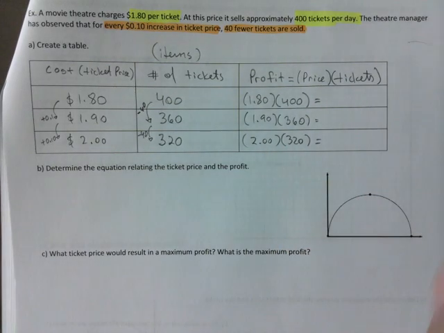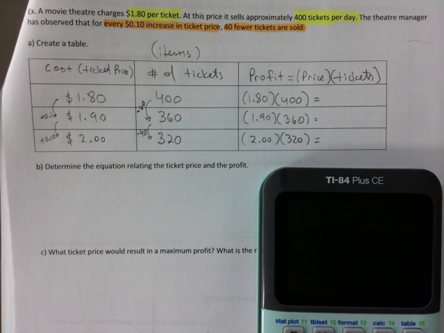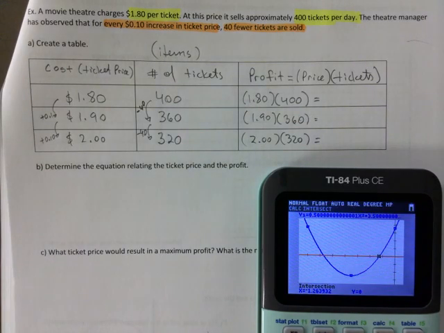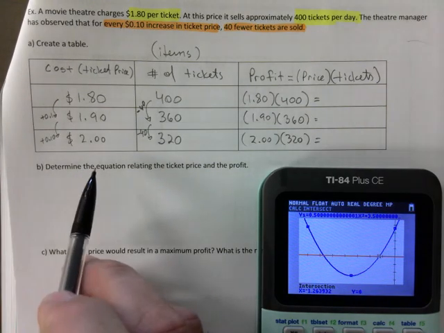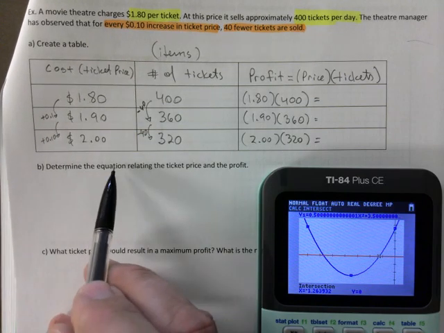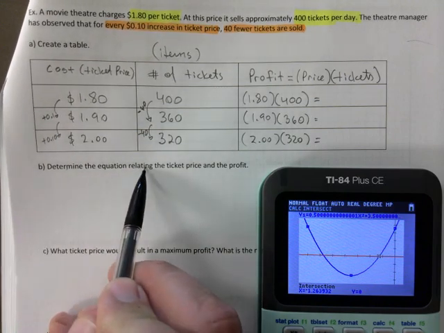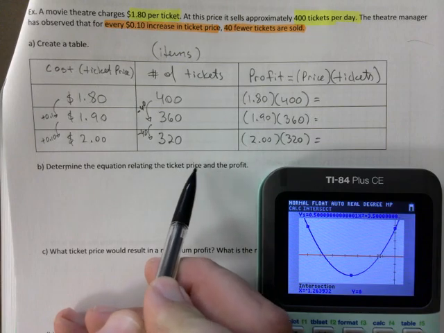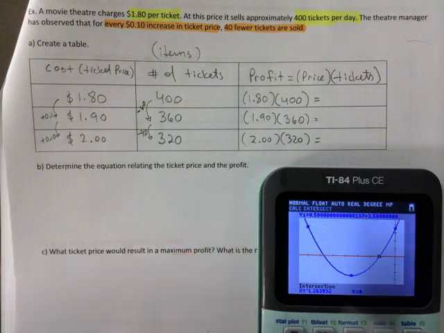So grab your calculators, because we know we're getting to the point where we can perform a regression. I will read the question though here. Read carefully: determine the equation relating the ticket price and the profit.